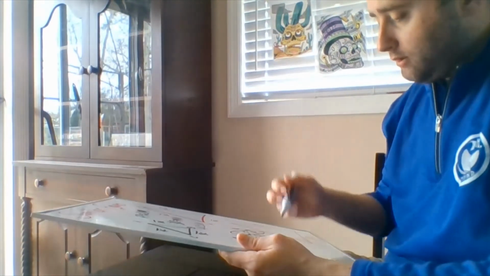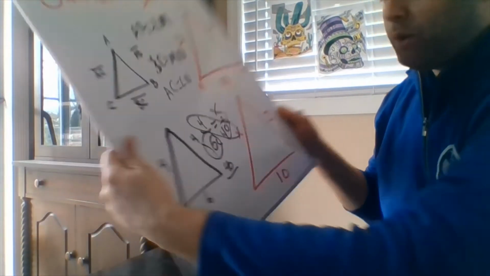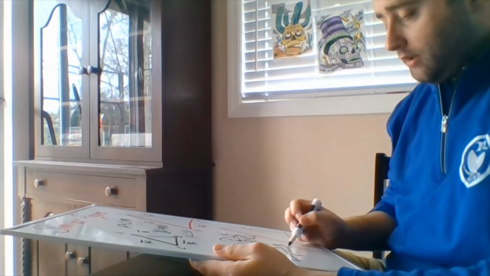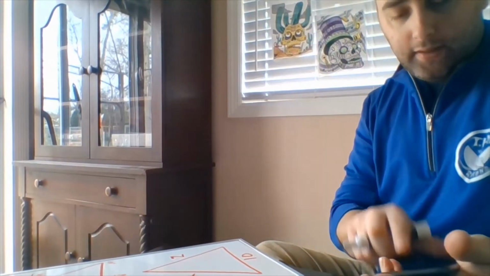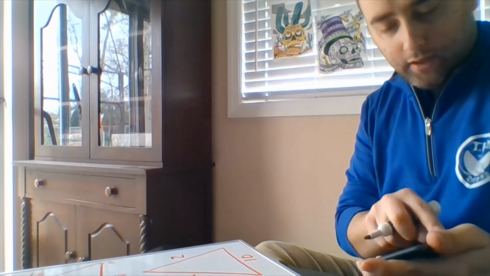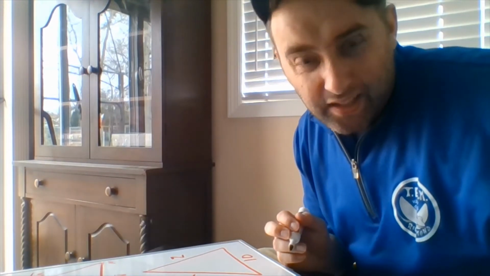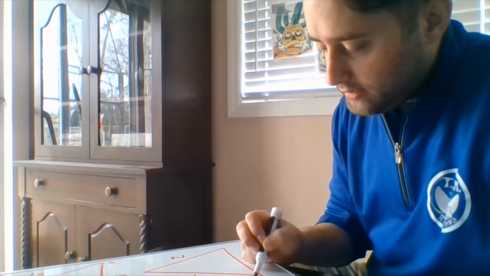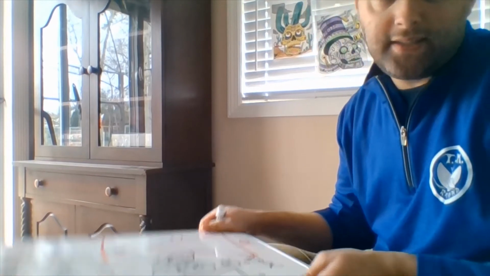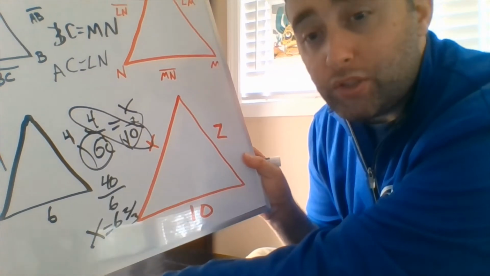So we have 40. 40 is our baseball bat. Then we divide by the baseball, which was 6. 40 divided by 6. Let's ask the smart one in the relationship here. 40 divided by 6 is 6 2/3. So X over here is 6 2/3.